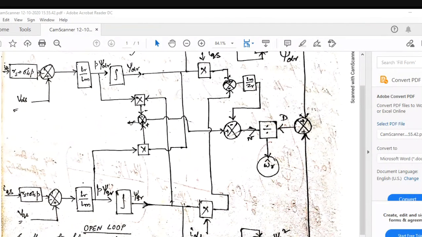See, whether this diagram is clear to you or not, just tell me. Those who have written the equations, one equation was there: VDS is basically equal to RS into IDS plus of sigma LS P IDS, isn't it?